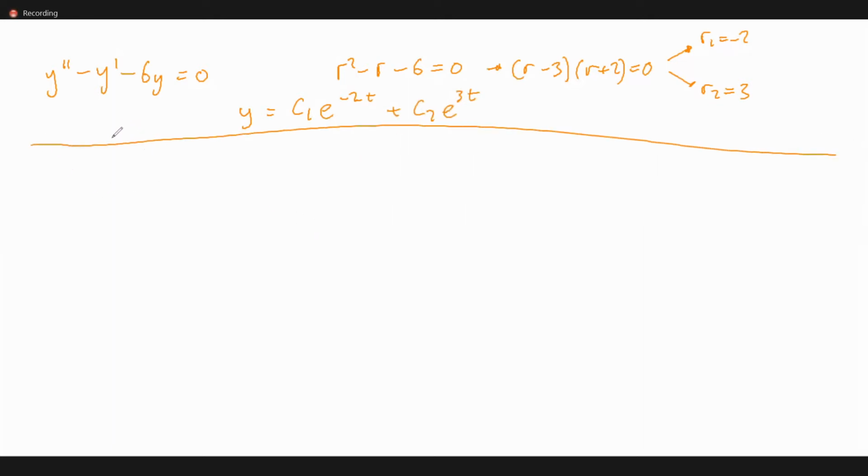The second one is y double prime minus 6y prime plus 9y is equal to 0. And here we see that the characteristic equation has coefficients 1, -6, and 9.